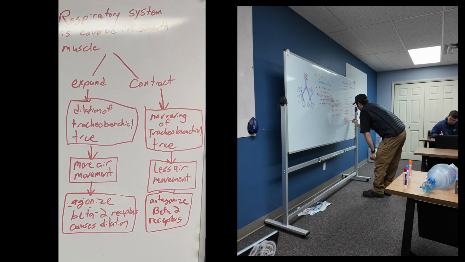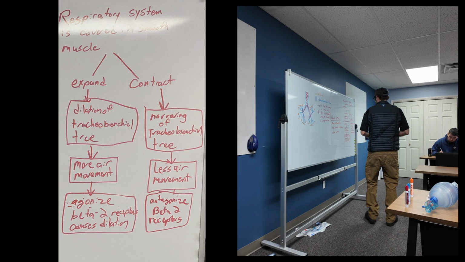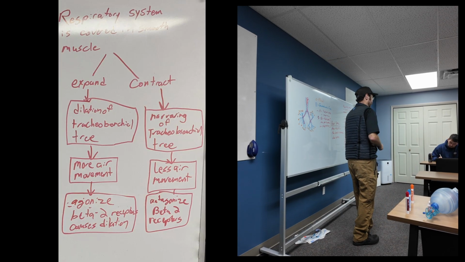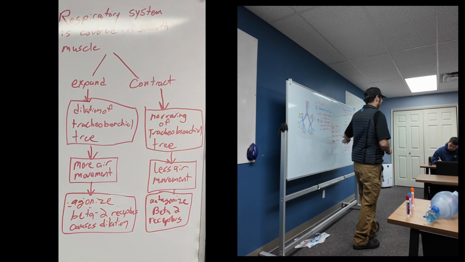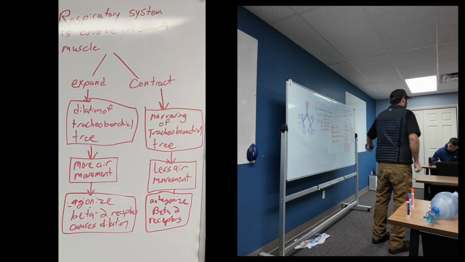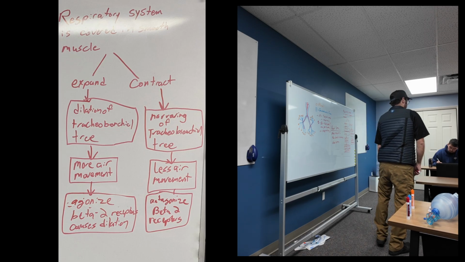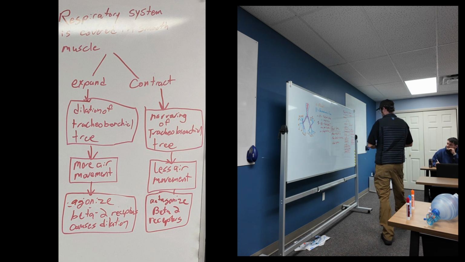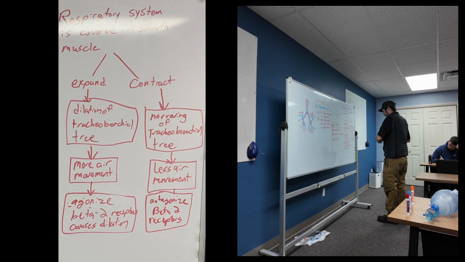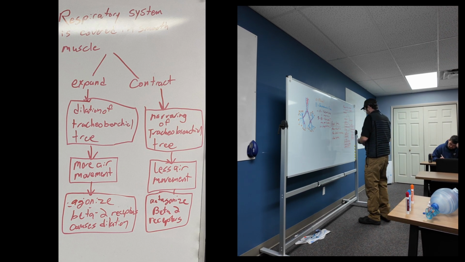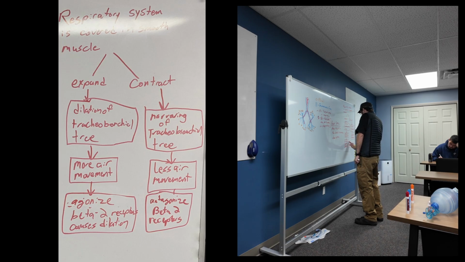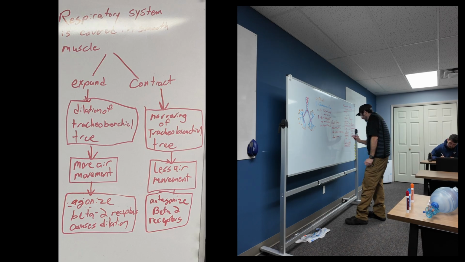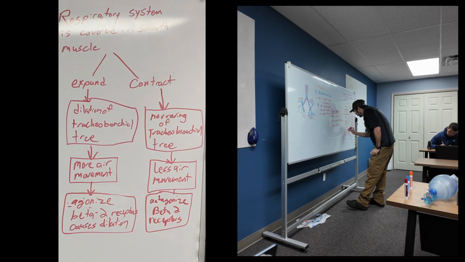So if we stimulate those beta 2 receptors, we get dilation of the tracheobronchial tree. Bronchodilator. Yep. So bronchodilators are beta 2 agonists. And I put the wrong word up there. It's the wrong A word.